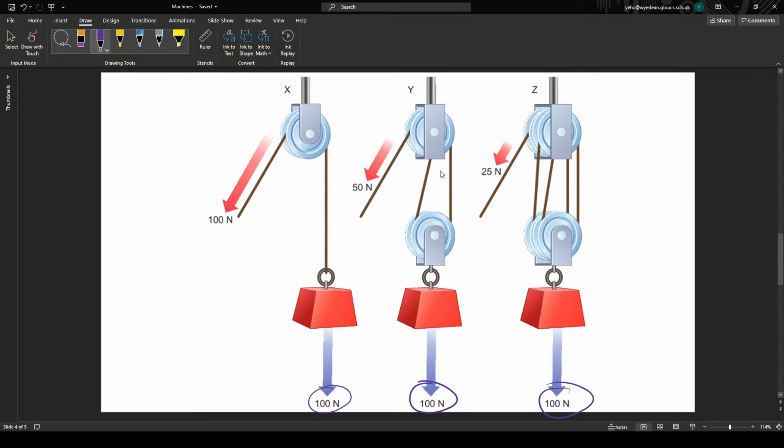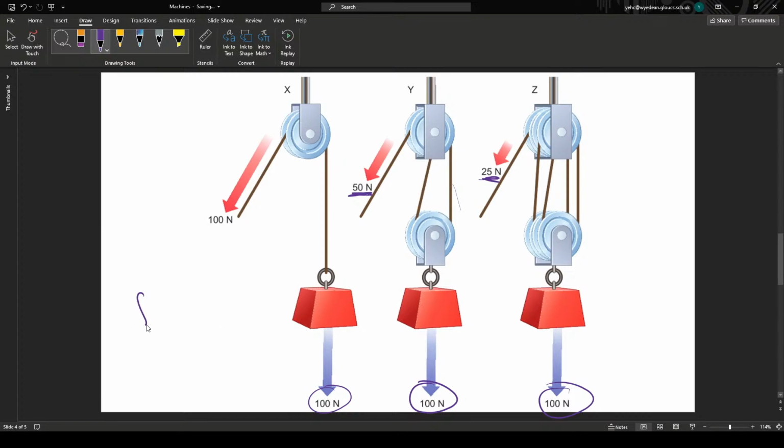We have to pull it further, but we have to use less of a force. Because we doubled the length, we halved the force that we need. So it went from 100 to 50. And when we quadrupled the length, we lowered the force that we needed even more.